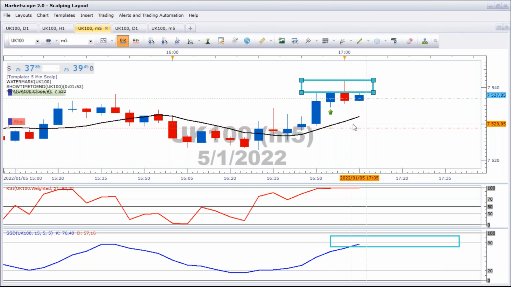Okay, so we've got 1 minute 54. Right here, they're trying to get into this 7540 level. It's fairly well defended on the 5.